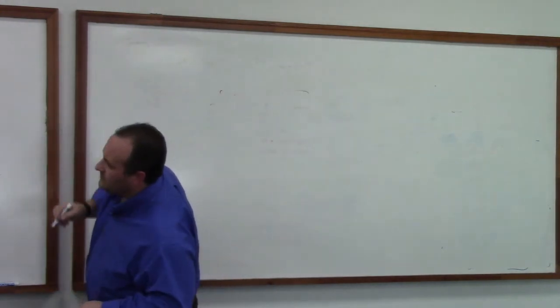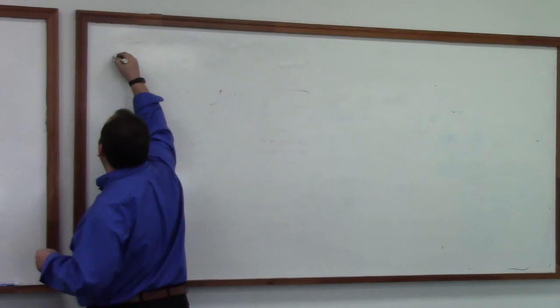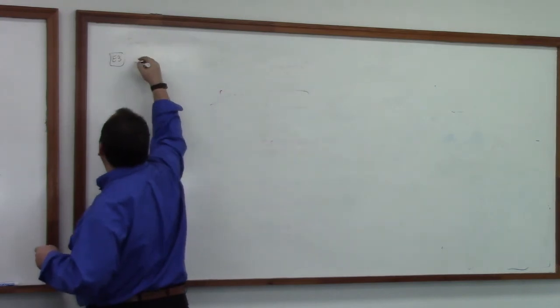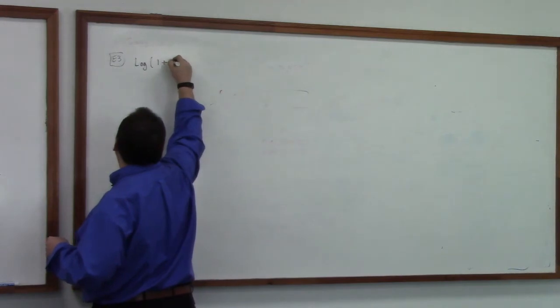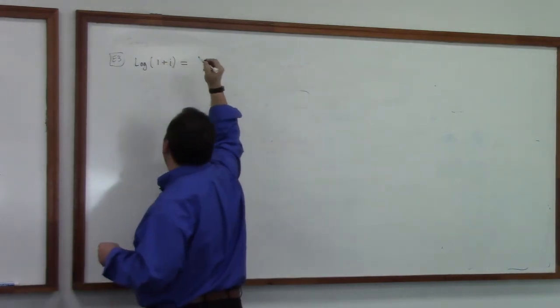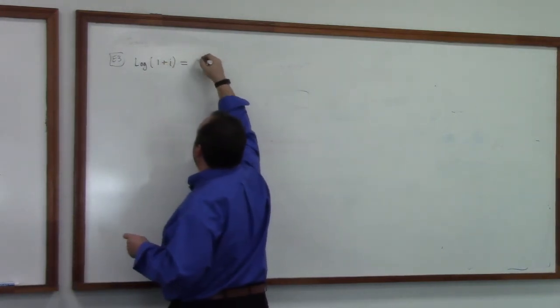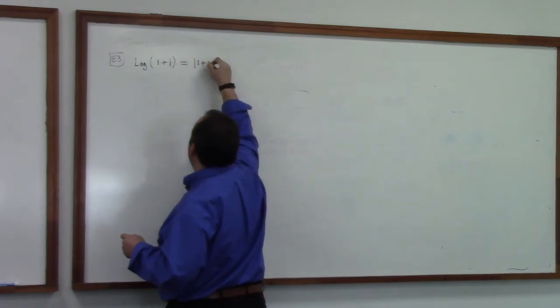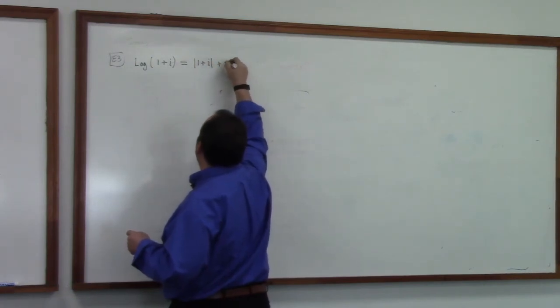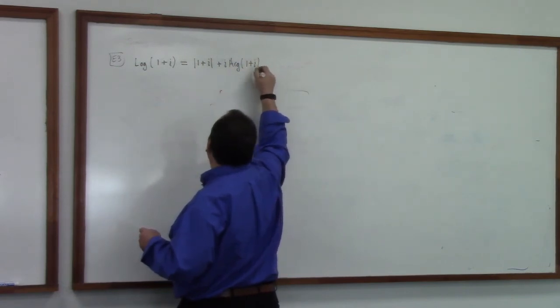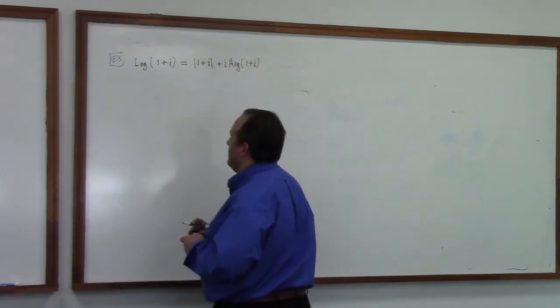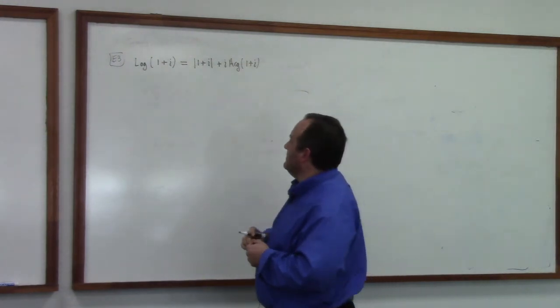What example am I on? 3. What is the log of 1 plus i? Let's see here. It's the modulus of 1 plus i, plus i times the argument of 1 plus i. What is 1 plus i?